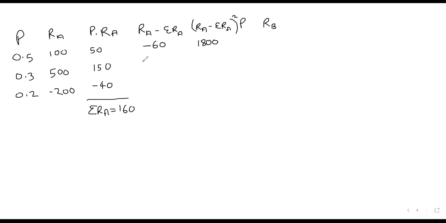All right, thanks. Okay, 500 minus 160 is 340. Then what do we do? We square 340 and multiply times 0.3. What do we have? 34,680.